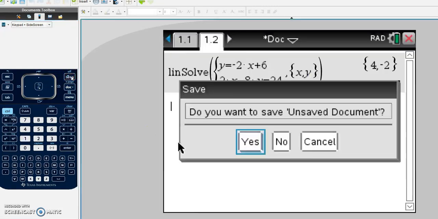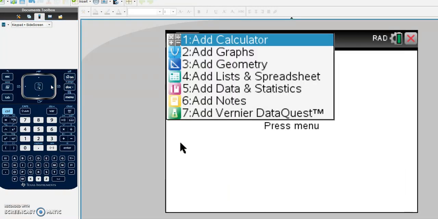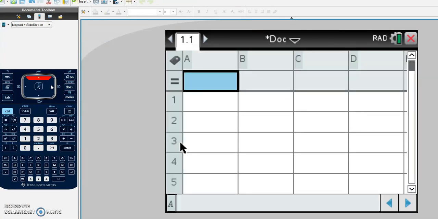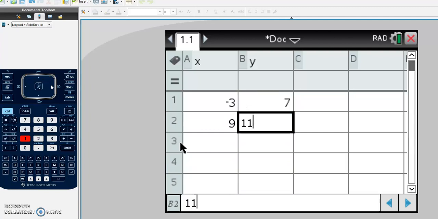I need number 1, save nothing, and I need to add a list and a spreadsheet. So we will put x values in the A column, y values in the B column. So my x values, -3 and +9. My y values would be 7, +11.